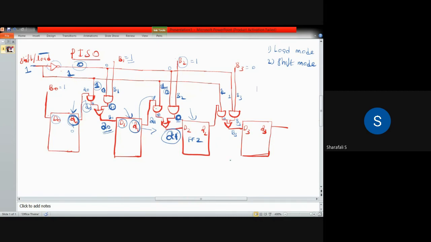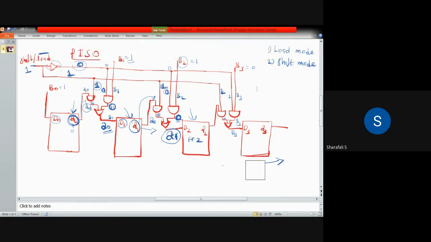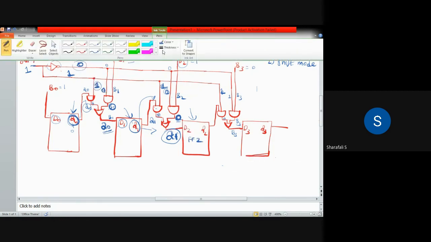So other things are the same. We have to shift continuously with the clock pulse. You have that clock pulse also here. I forgot that. We'll have the clock pulse also connected to all these flip-flops. Don't think that it is not there. The clock pulse is also there. You can draw that yourself.